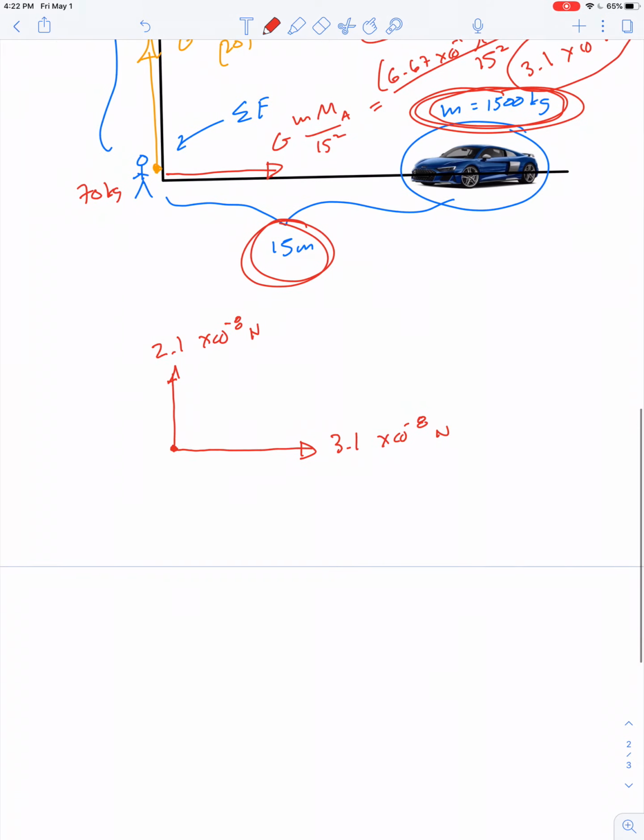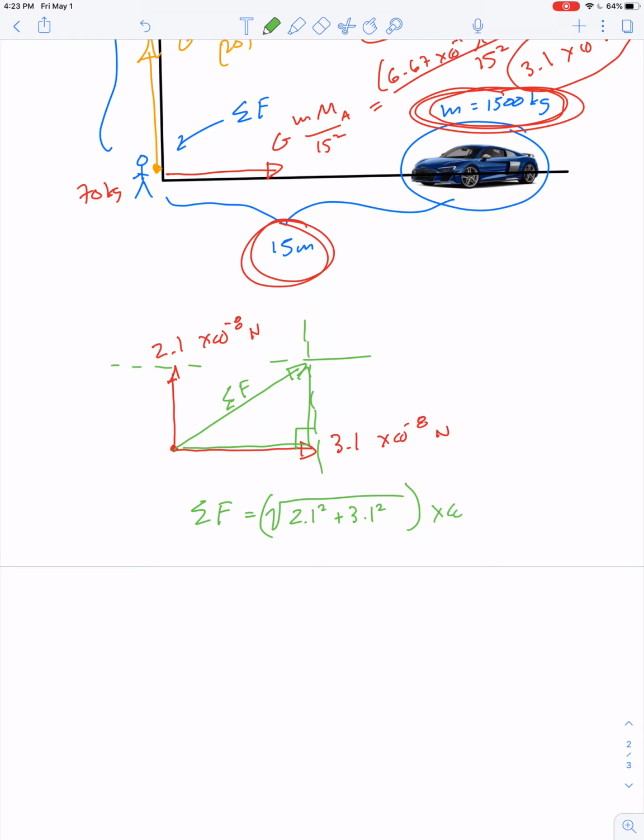So we can find the net force by using the parallelogram method of vector addition. Make lines parallel to each of the two forces, and the net force can be represented by this vector that really seems to be nothing more than the hypotenuse of a right triangle, so we can use the Pythagorean theorem to say the net force is equal to the square root of 2.1 squared plus 3.1 squared, and then we can multiply all that times 10 to the negative 8th newtons.